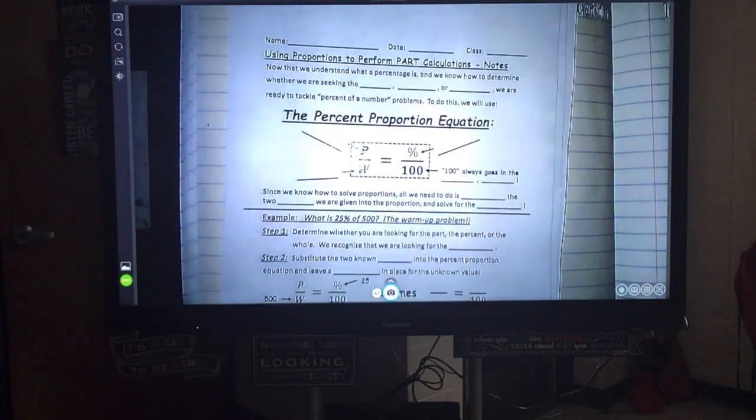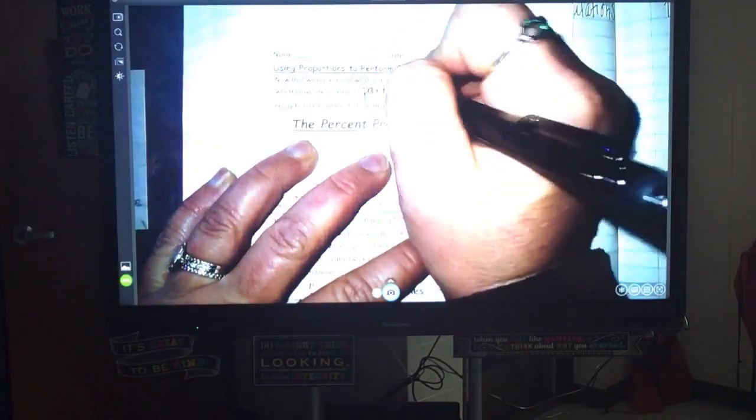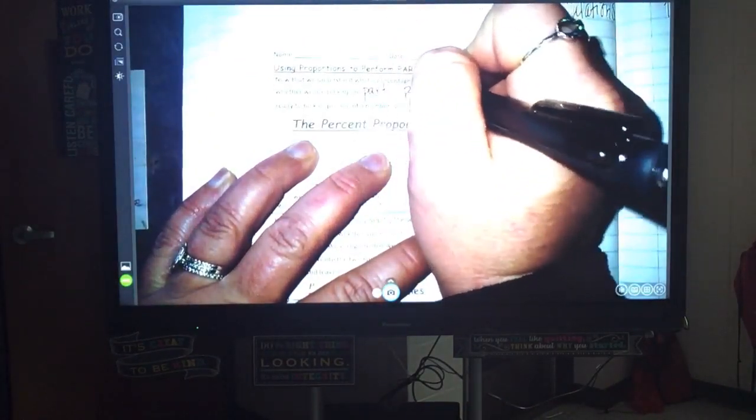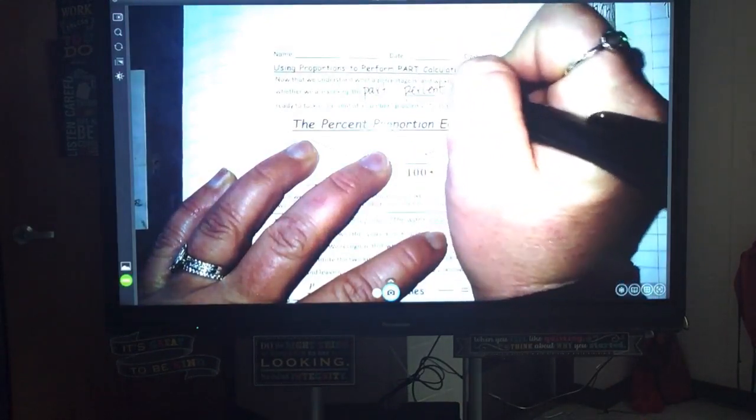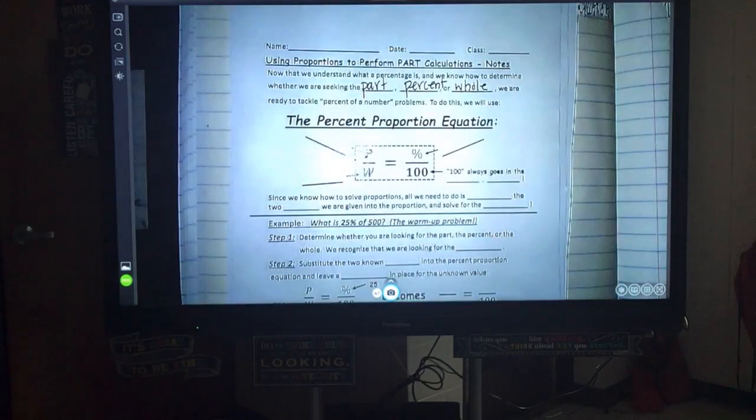Alright, so up here it says, now that you understand what a percentage is, we know how to determine whether we are seeking the part, percent, or the whole. We are ready to tackle the percent of a number problem.